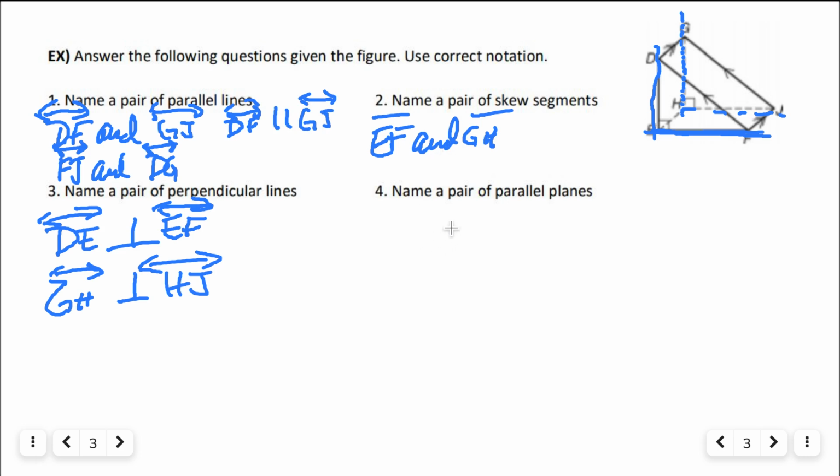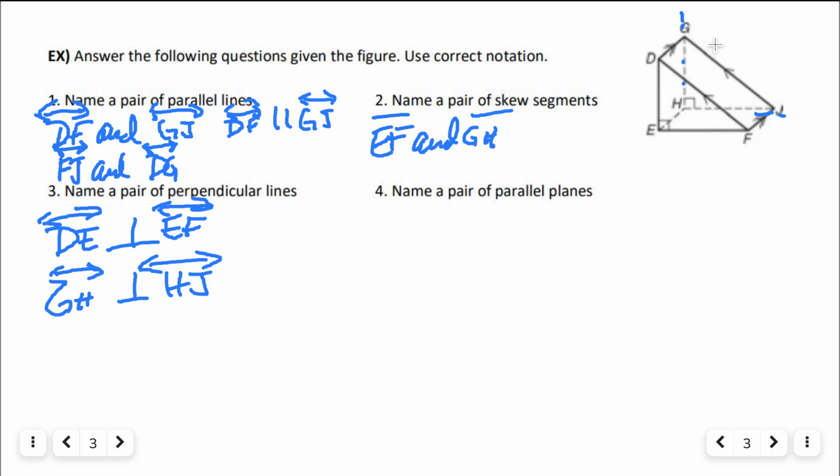And then finally, two parallel planes. Two planes that will not meet. Let me erase a little bit of my figure here. Okay, so two parallel planes. Let's see, we have D, E, F, this little triangle plane here, and how about the one in the back?